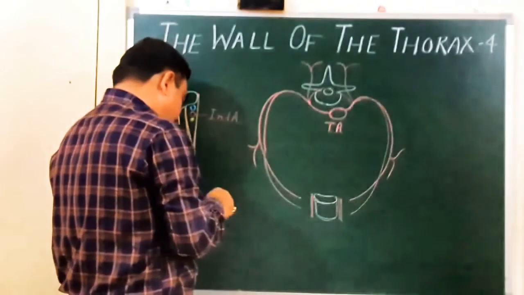This is the internal thoracic artery. This is the posterior intercostal artery.